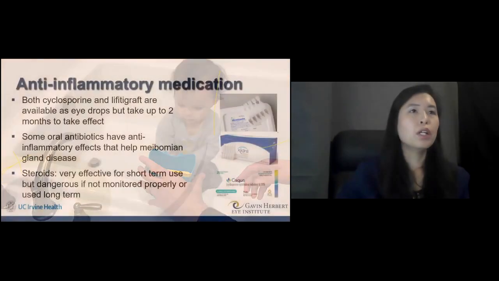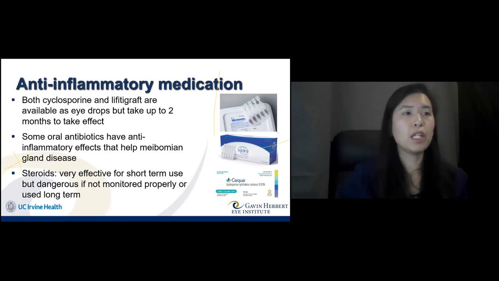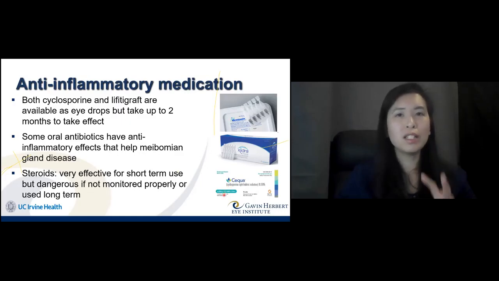Okay, so the next treatment I want to talk about is one that many patients have already heard about, which is these anti-inflammatory medications. So now we have 3 anti-inflammatory medications that don't contain steroid on the market. Okay, I want to differentiate that.